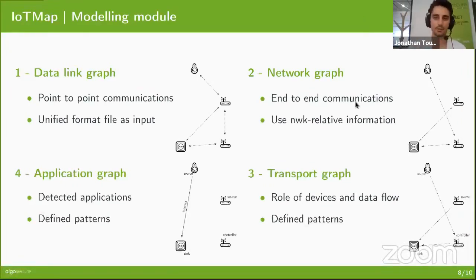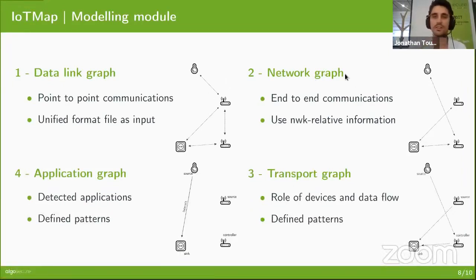In the network graph, we represent directly the final destinations. As you can see, the lights on top of the picture in reality communicate with the router in the bottom right of the picture. And to make this graph, we use network relative information stored in the data link graph.